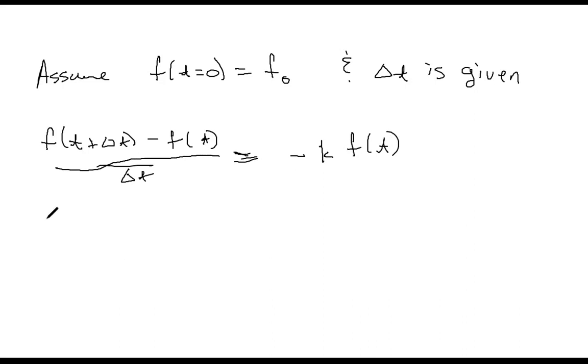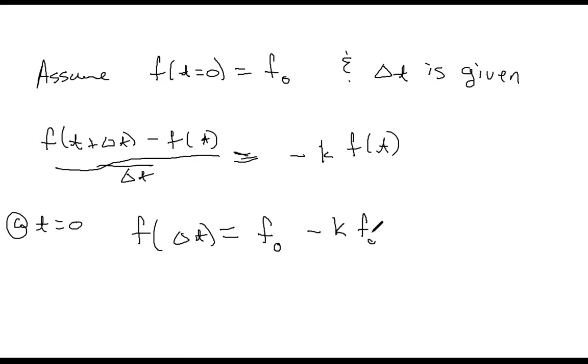Okay, so if I apply this at t equals 0, this says f of delta t equals, well, that's going to be f initial minus k times f initial times delta t.